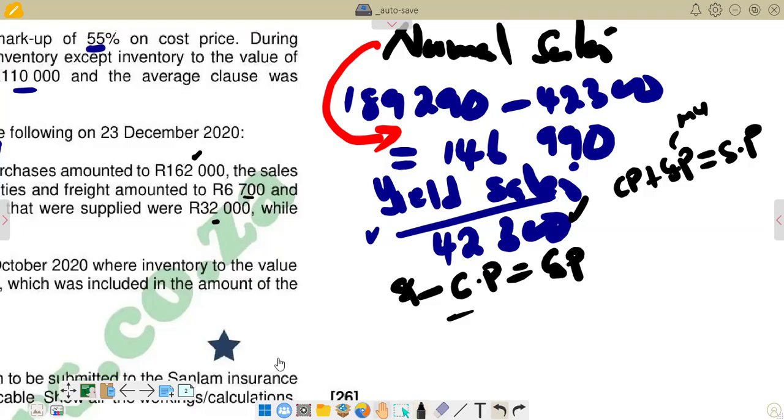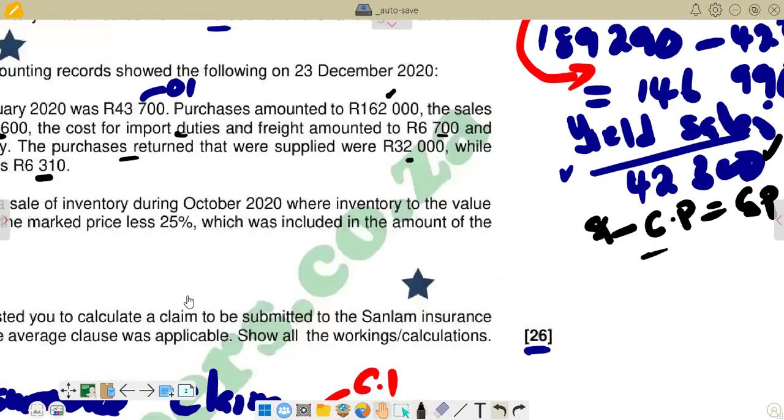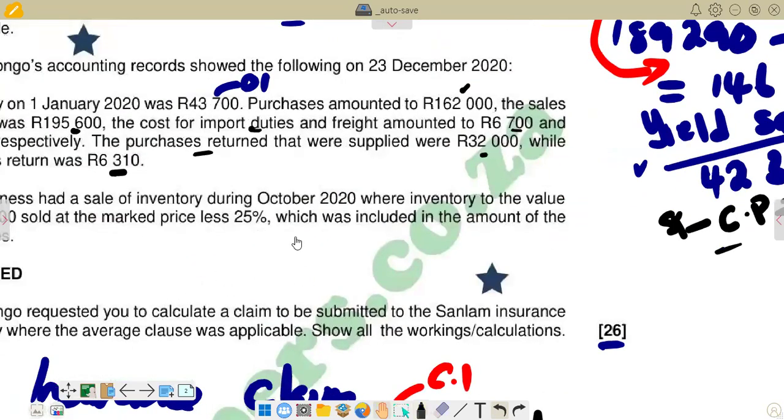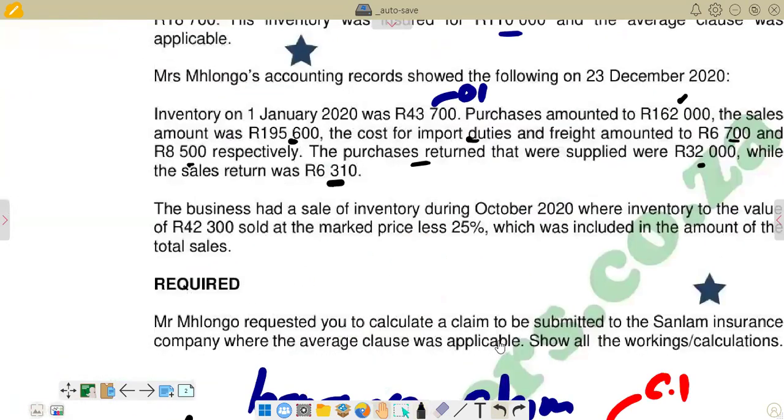So if you come here, you see that there's an explanation saying it was sold at 42,300 at the market price less 25%. So what we need to do is to go back to the market price and see exactly what amount we are supposed to use.